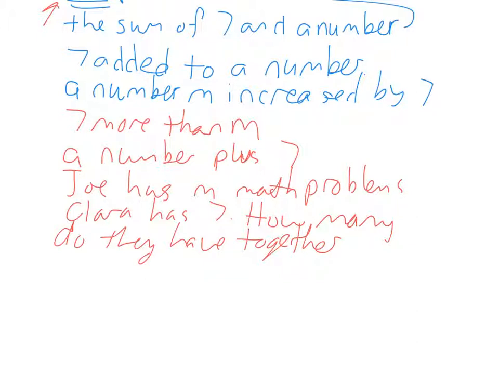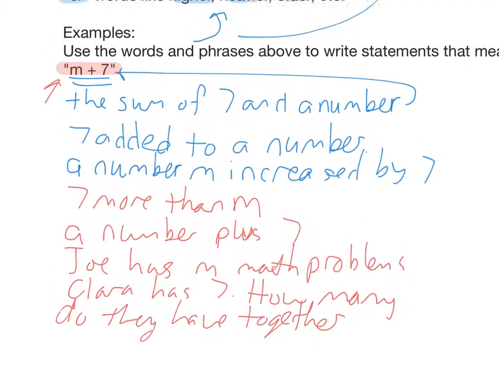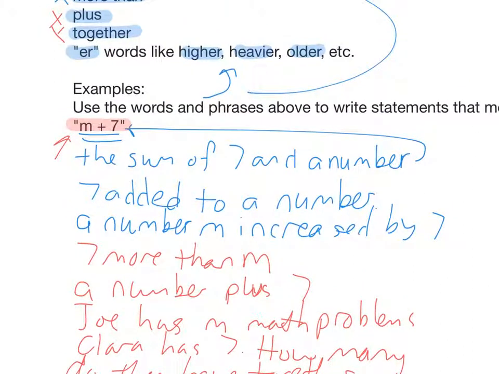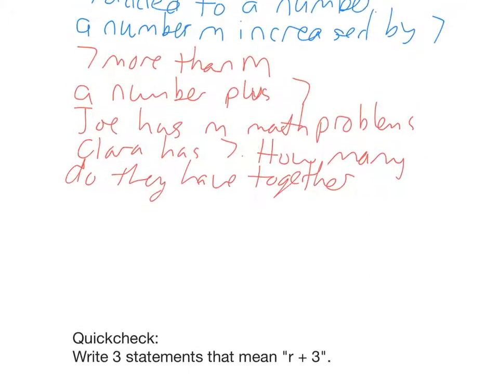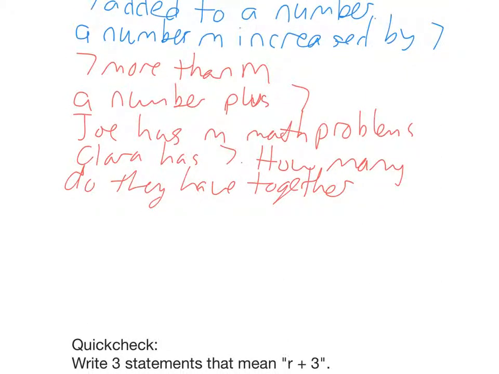All right, last one. We just did together. Now we need to do the ER words, like heavier, higher, older. Okay, so great story problem here. I'm going to use the same people since I don't want to think of other ones. Joe is m years old.